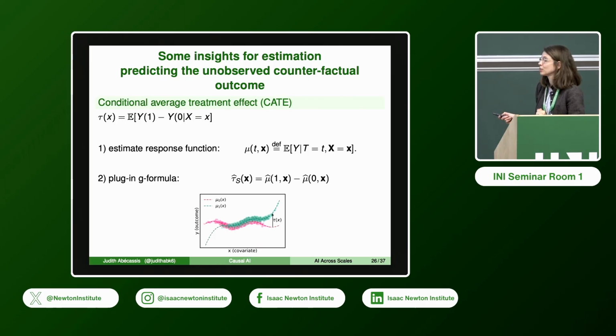What is really nice with this estimation strategy is that you directly estimate the conditional average treatment effect. So you are in the situation where you can try to personalize the treatment effect prediction.